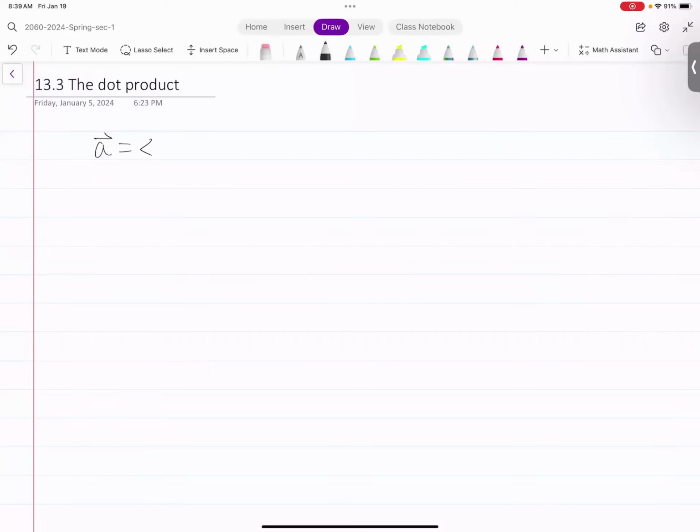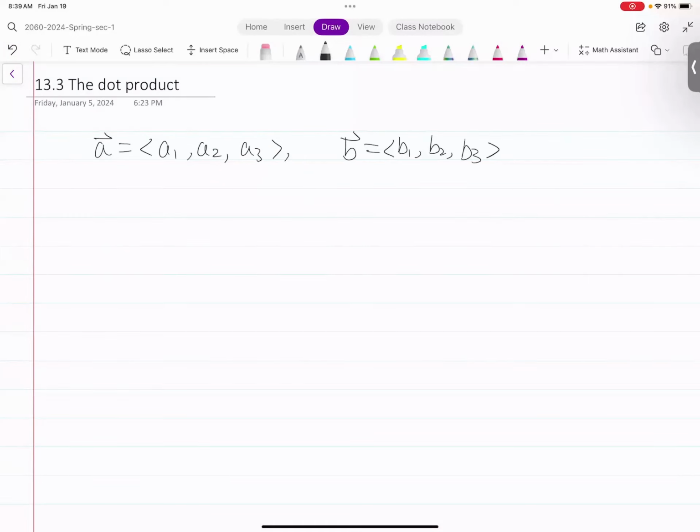So to briefly introduce the content of this section in one sentence: what happens if you have two vectors, A with components A1, A2, A3, and vector B with B1, B2, B3.